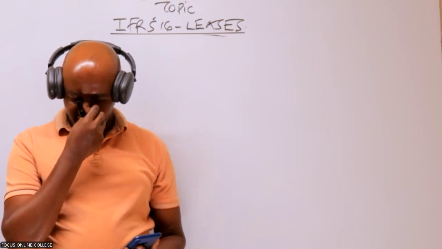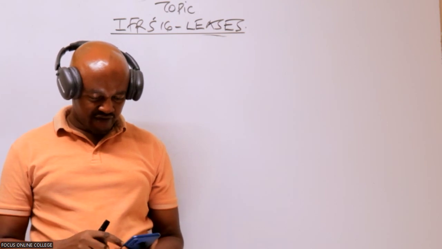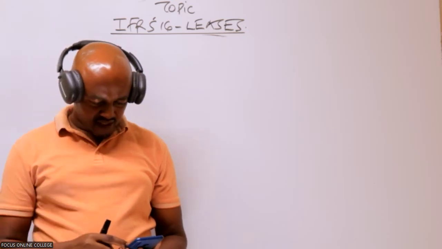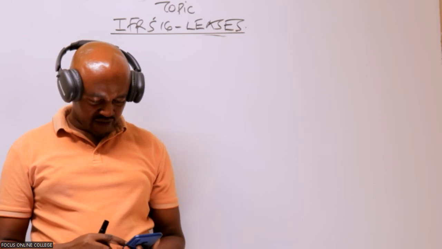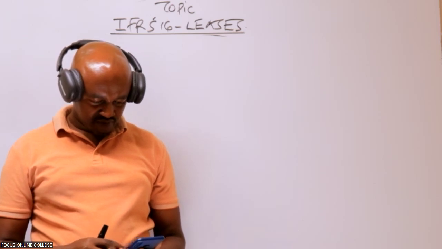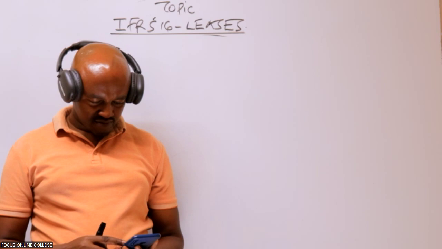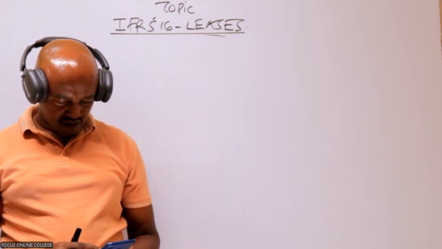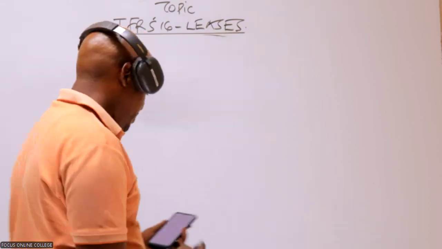Okay, so if we are, I want us to do a question. I think we have a question for August 2022. That is the question I want us to start with, August of 2022.